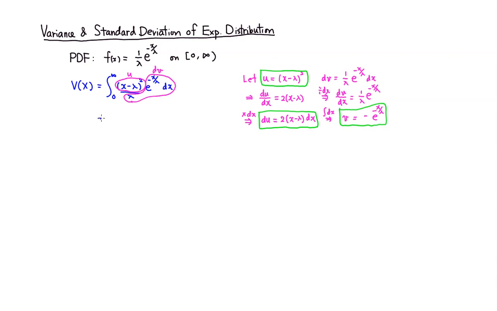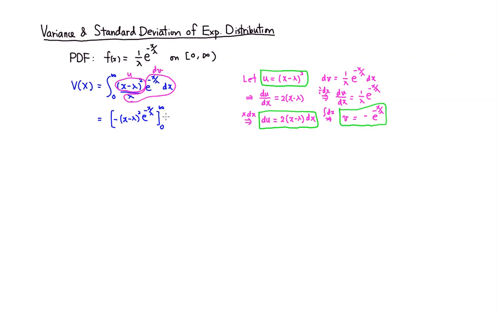So it's going to be uv, so there's a negative sign, and we have x minus lambda squared e to the negative x over lambda, going from 0 to infinity.